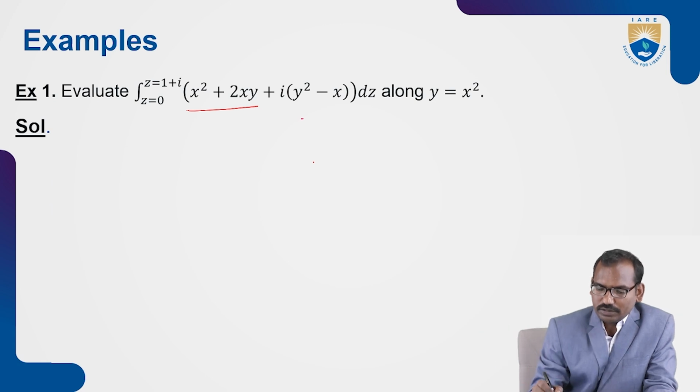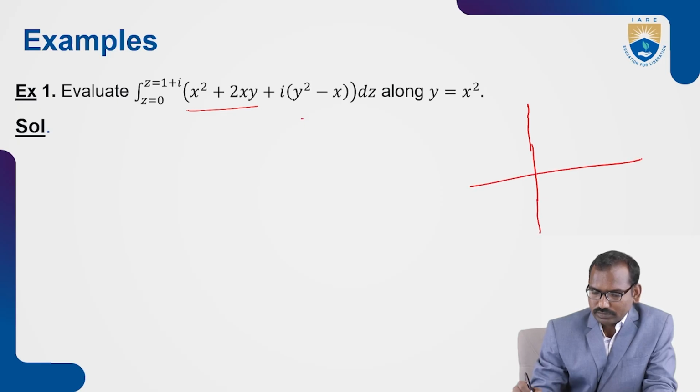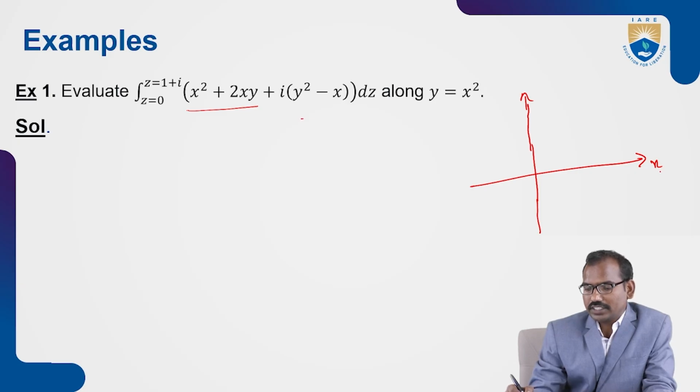Now, you know, x is the real part of the complex variable z and y is the imaginary part of the complex variable z.